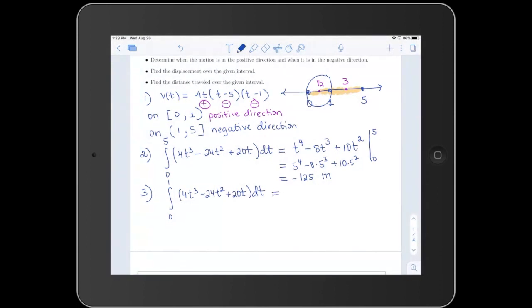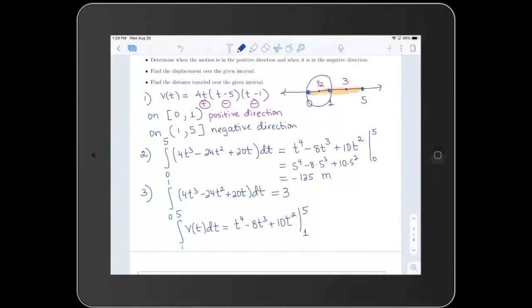This interval ends up being 3, and we've checked the work, right? So then from 1 to 5, v of t dt. If we evaluate this function, t to the 4th minus 8t cubed plus 10t squared, from 1 to 5, what do my notes say? I'm just going to be careful here. My notes say negative 128 if we evaluate it as is.